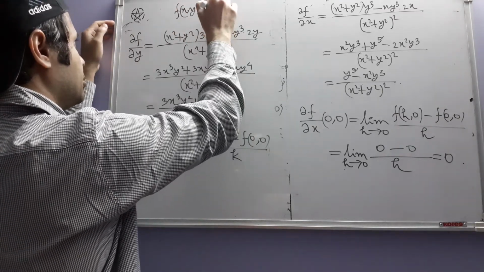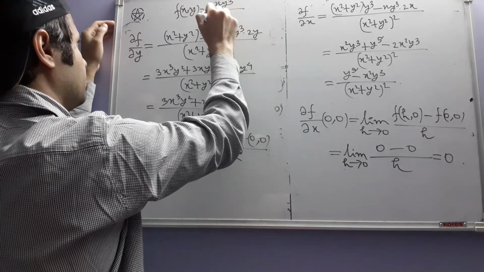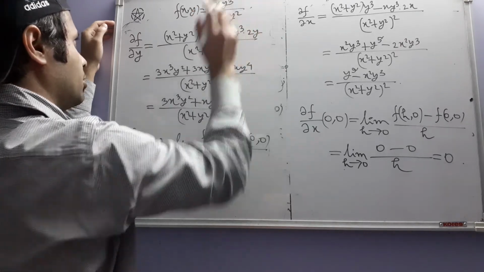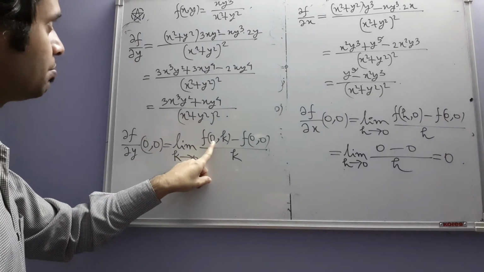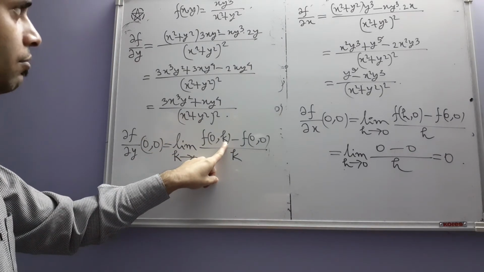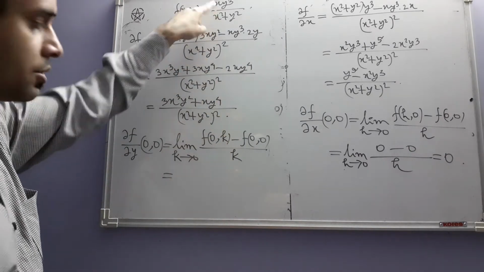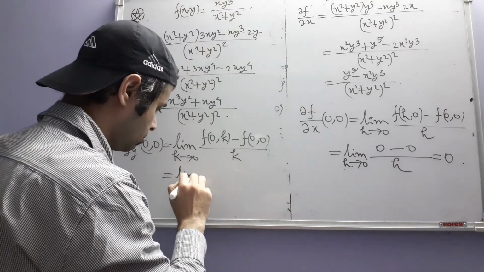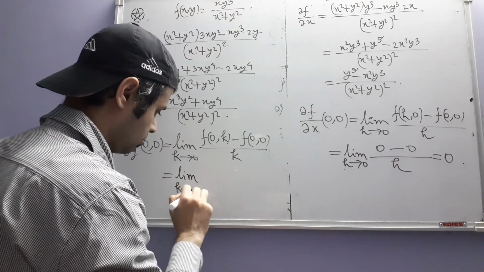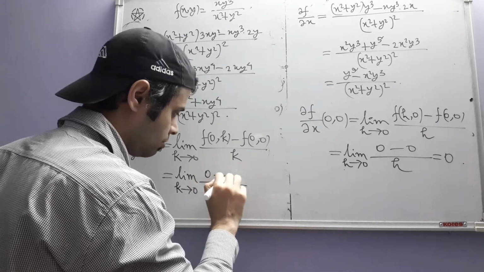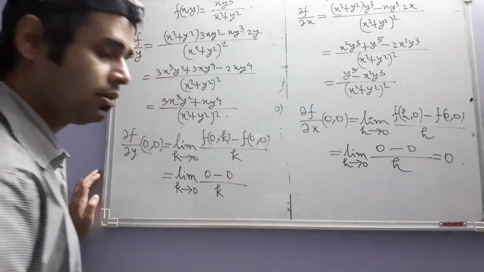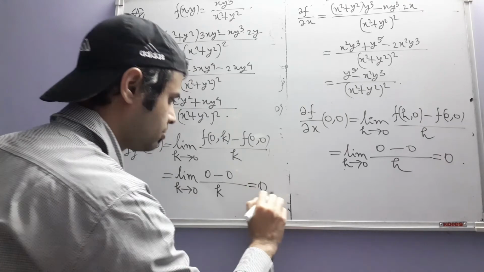At a non-zero point, it was xy³ divided by x² + y². Now if I put x equal to 0 and y equal to k, this again becomes 0. So 0 minus 0 divided by k. So this is also equal to 0.